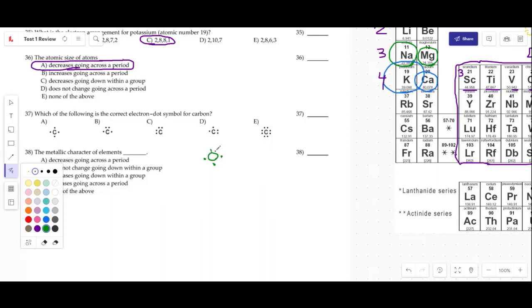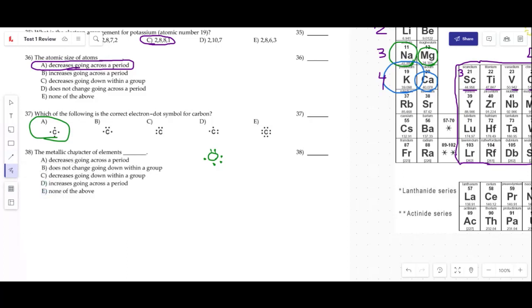But then now I can double up. 5, 6. So 1 on each side until each side has 1, and then the remaining 2 electrons to give me a total of 6, I'm going to double up. So it'll look like that. Does that make sense? Yep. Cool.